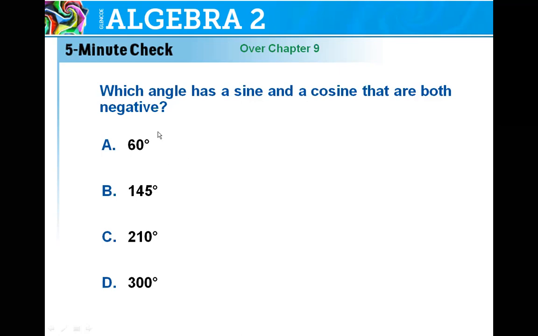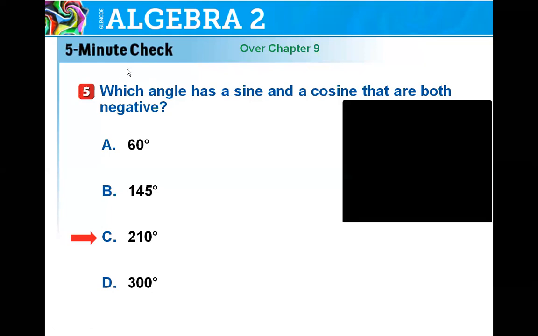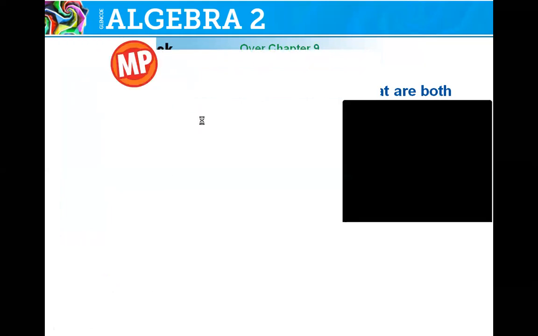In the first quadrant, like 60, all the trig functions are positive. In the second quadrant, like 145, sine and its inverse are positive, and the rest are negative. In the third quadrant, sine and cosine are negative, so it's 210, as Al-Walid said. The answer is letter C.